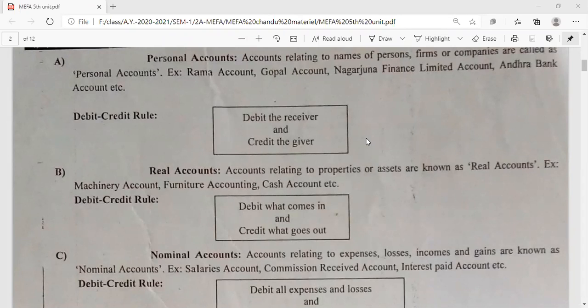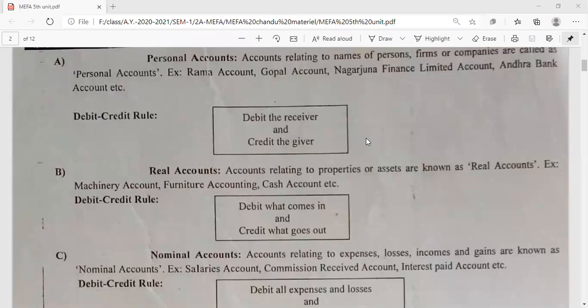So in this, the debit credit rule is debit what comes in and credit what goes out. In the real accounts, you have to debit what comes in. If you are getting some interest from the bank every 3 months or 6 months, so we debit what comes in and credit what goes out, right?